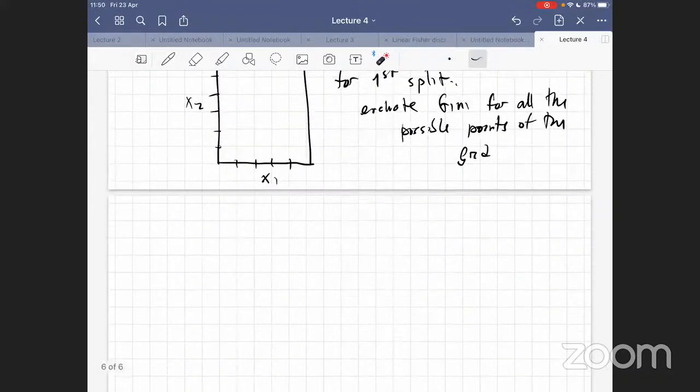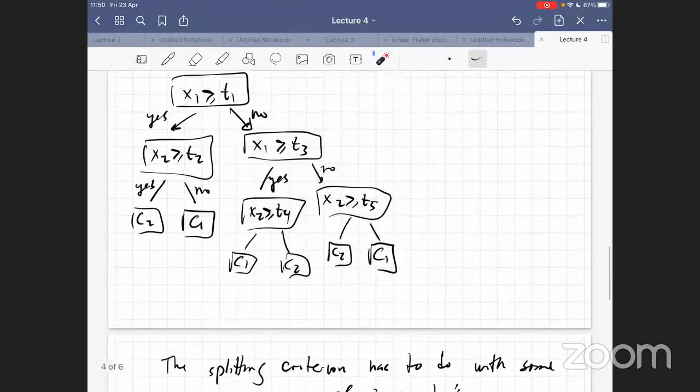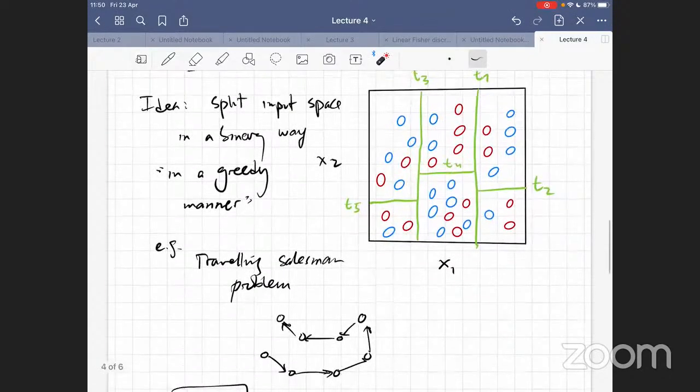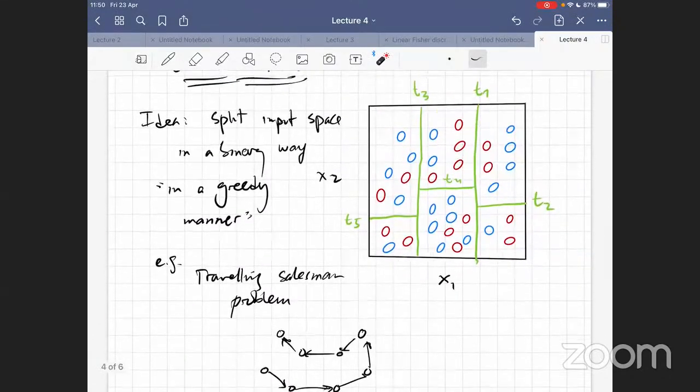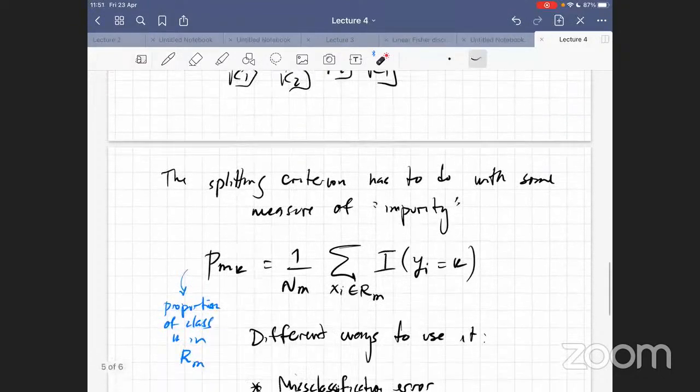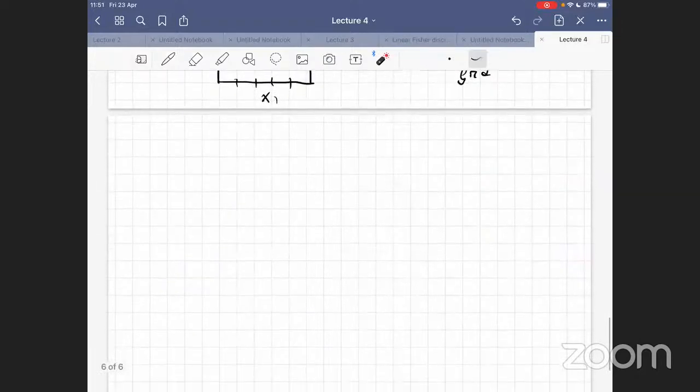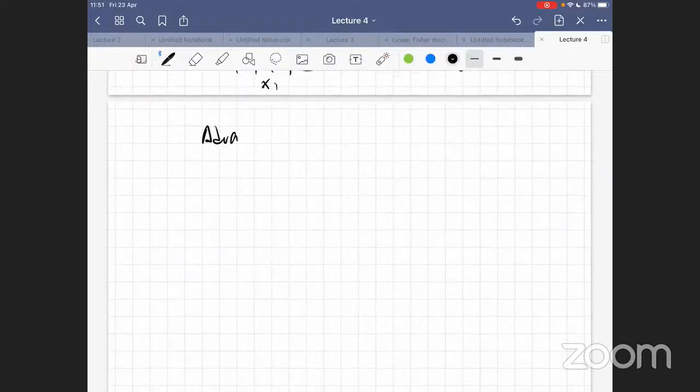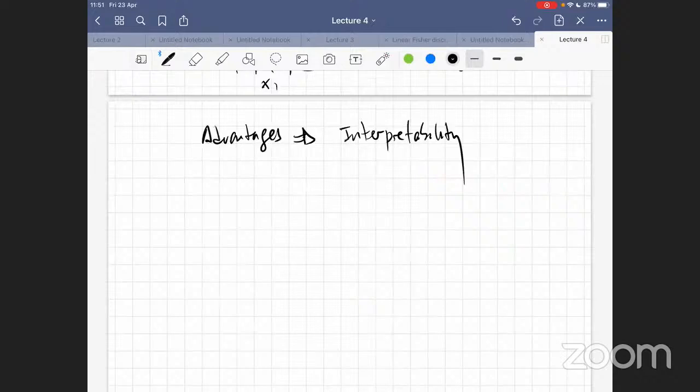Okay, so there are, of course, advantages of decision trees. The main advantage is interpretability, in the sense that it is very easy to know what is happening in your classification. Interpretability is the first one, the most important one. And this is also probably the way our brains work.